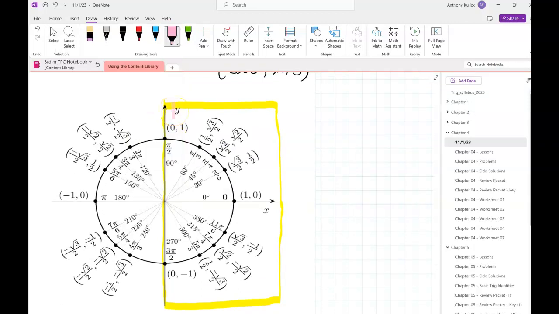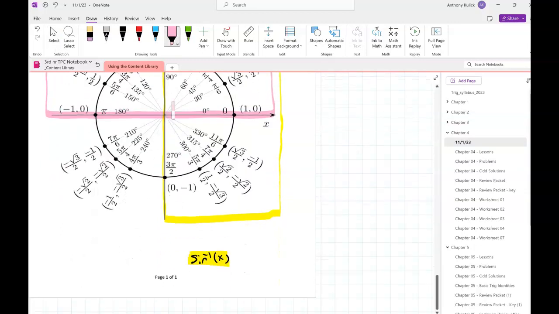And then we're going to highlight quadrants 1 and 2 for cosine inverse.